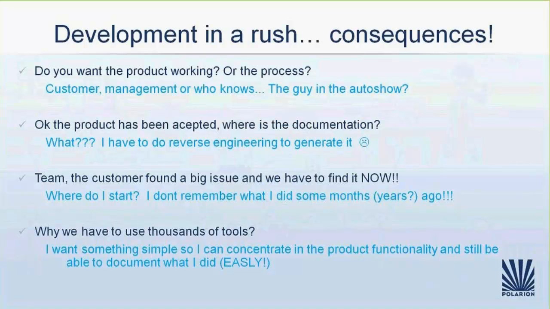And then we have the question of why we have to use thousands of tools. This is from the engineering side. I want something simple so I can concentrate on the product functionality and still be able to document what I did so I can fix things if something comes up later on, right?